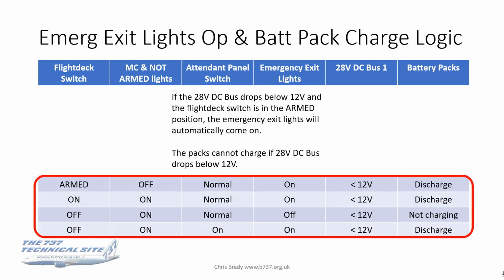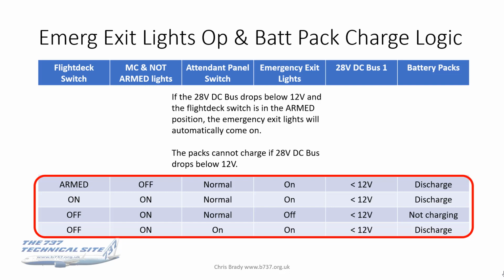The final bit of the table is the situation where the 28 volt DC bus has dropped below 12 volts. So all of this is with the 28 volt DC bus below 12 volts, it's not powered.